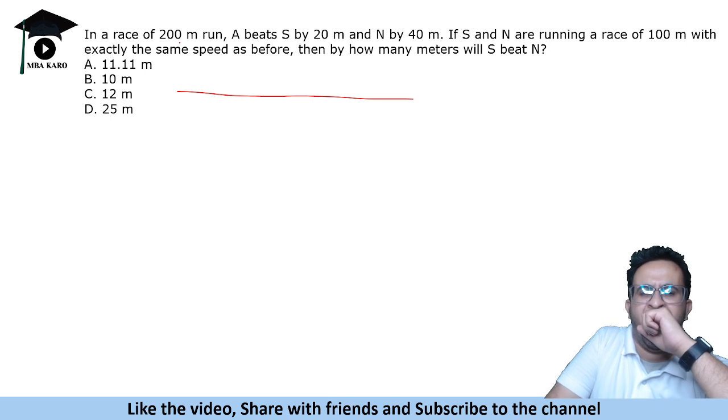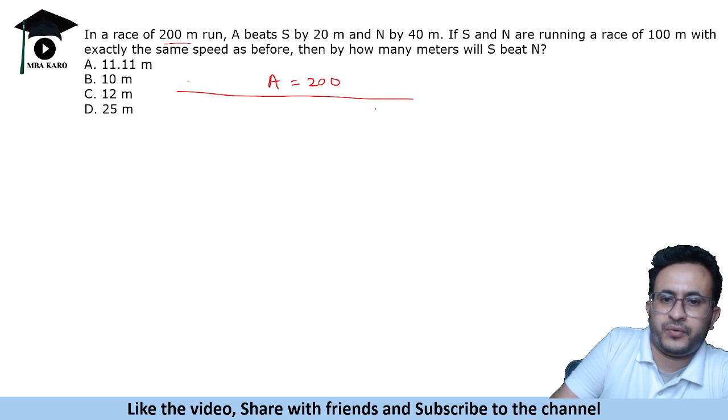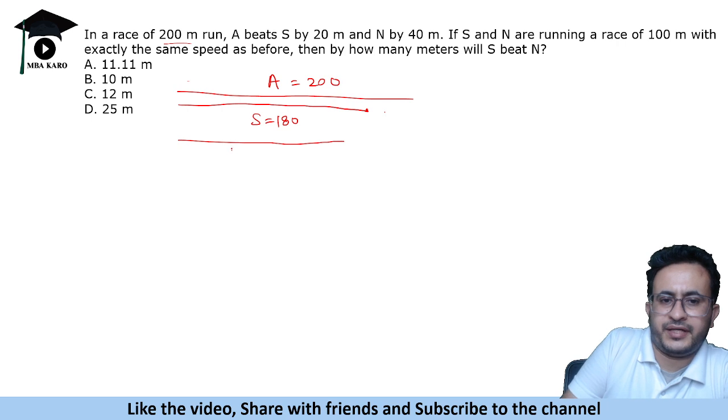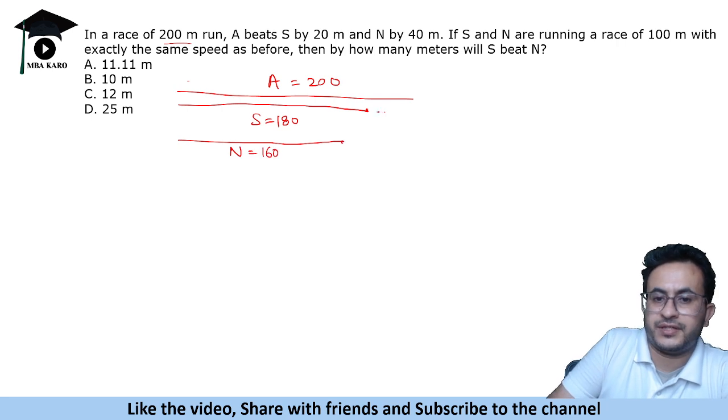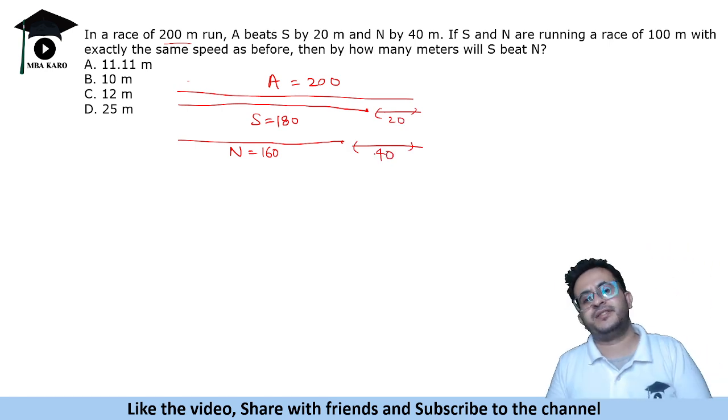So A covers 200 meters, S has covered 180 meters because A is winning by 20 meters, and N has covered 160 meters because the winning margin is 40.